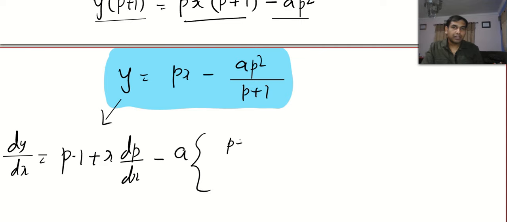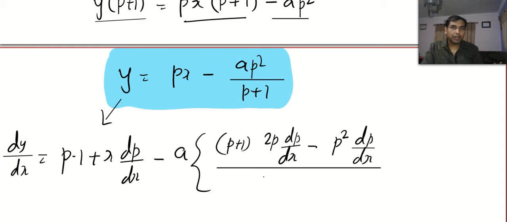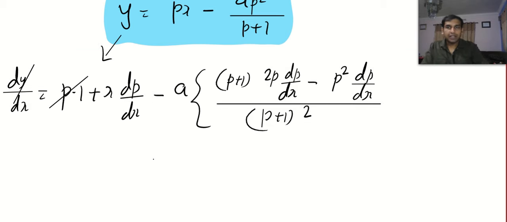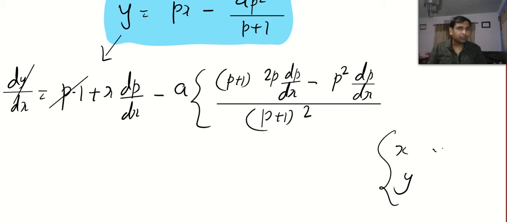So denominator into 2p dp by dx minus numerator and dp by dx, the whole divided by (p plus 1) the whole square. Now as always these two will get cancelled and you'll be able to find the x value, and you'll be able to write x and y in terms of p very easily. And if you can eliminate p between them, you'll get the implicit solution.